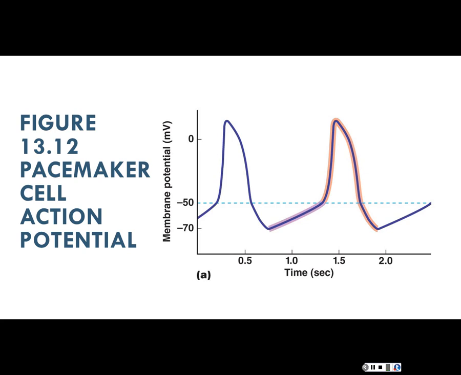We would call this what type of cells? We said pacemakers. So highlight it, circle it, or whatever. This would be in the nodes, the SA node or the AV node. Action potentials are real regular in our pacemaker cells.